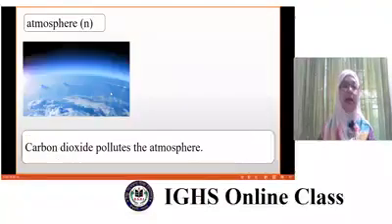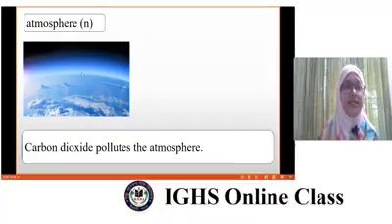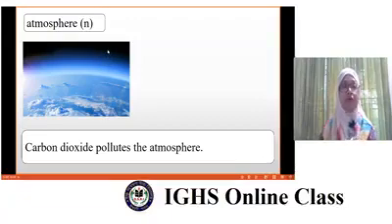Our last word is atmosphere. Atmosphere, this is a noun. Look at the picture, and you can see there is a layer around our earth that has covered it, right? So carbon dioxide pollutes the atmosphere.